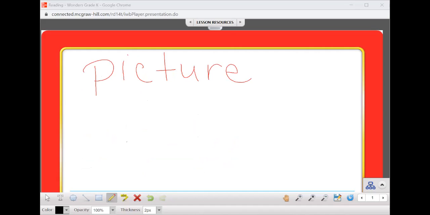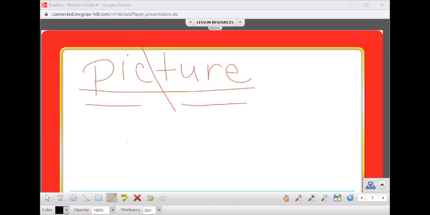This word is picture. Let's clap as we say it. Picture. How many syllables does this word have? Picture. Did you hear 2? You are correct. Picture. It has 2 syllables.